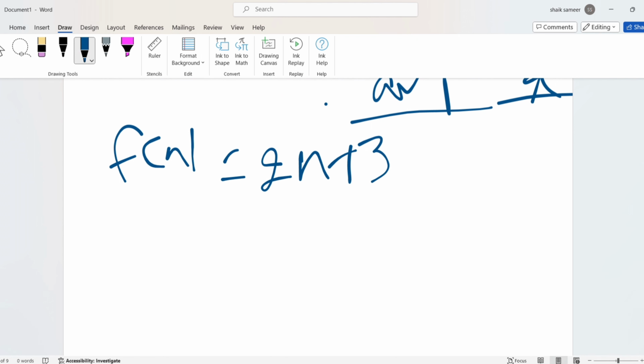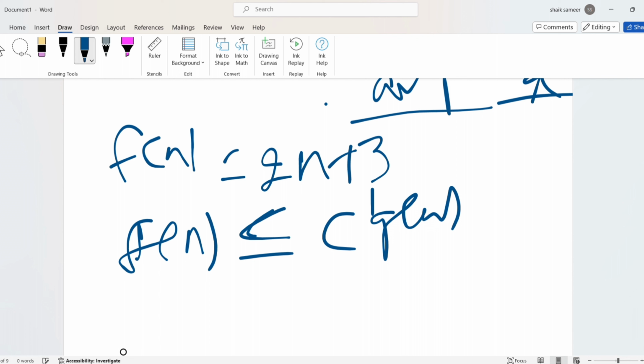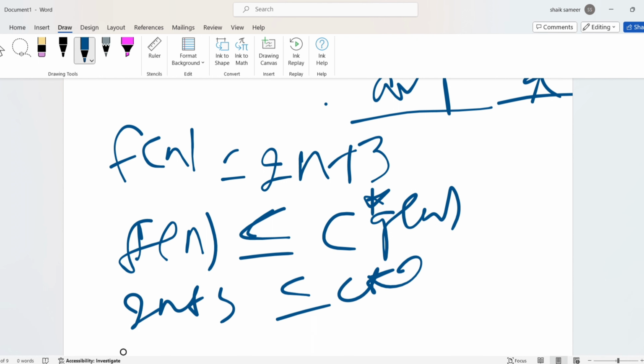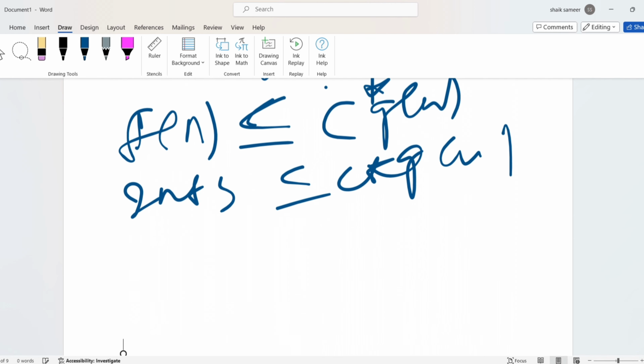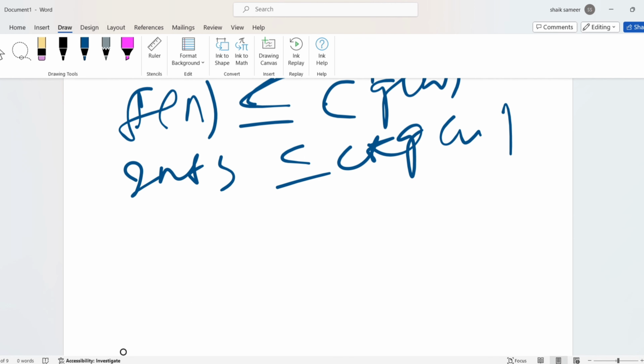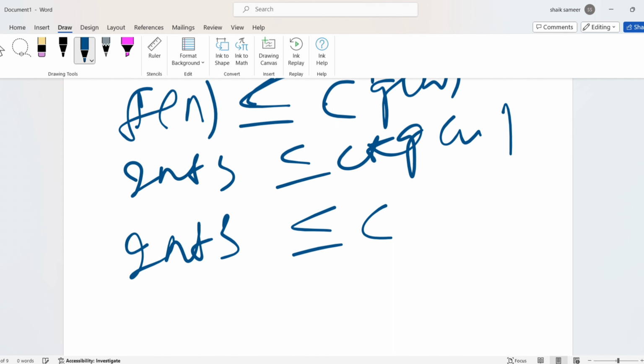In big O notation, f of n less than or equal to c into g of n. So 2n plus 3 less than or equal to c into g of n, where g of n equals n.